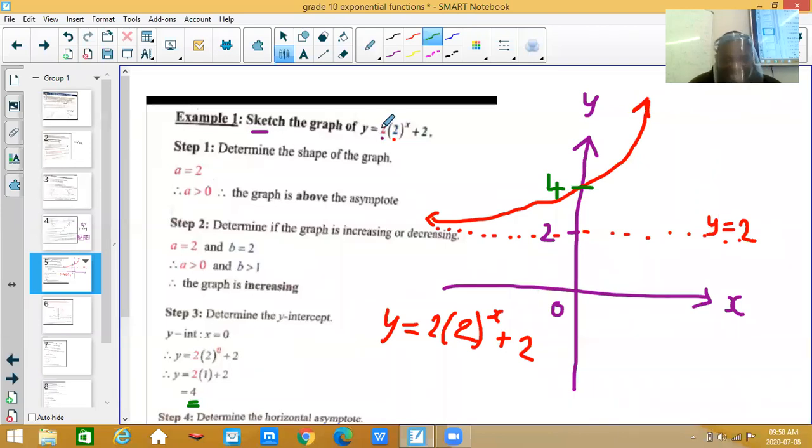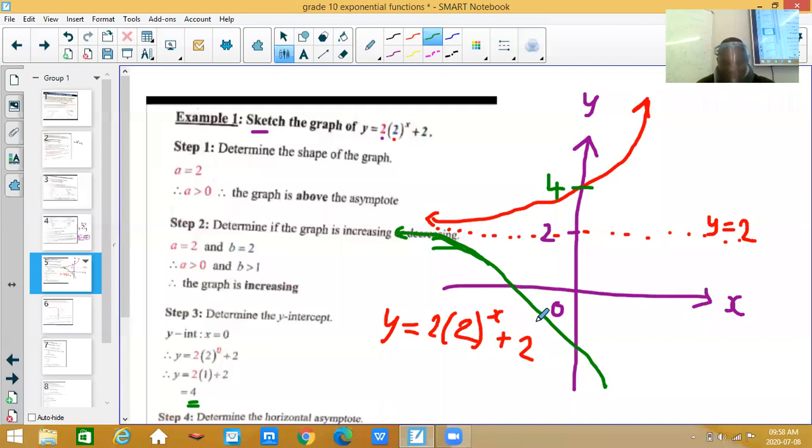Right. If A is negative, this graph, what do you think? Do you think the graph is going to be increasing? We are saying our line of asymptote is this, right? If this one was negative, it means to say our graph would be something like this, but it must be a curve, going something like that.